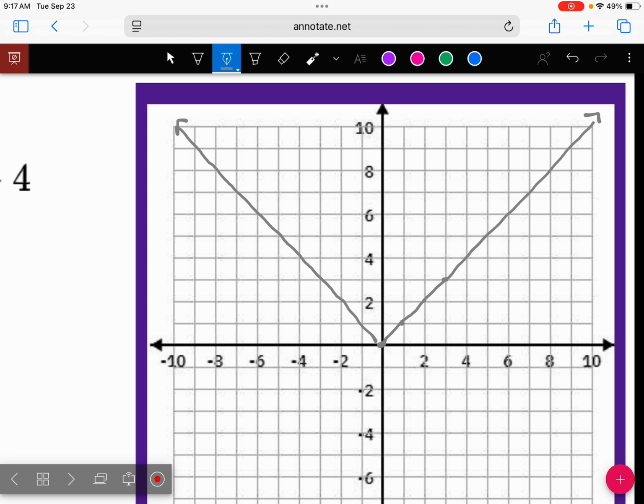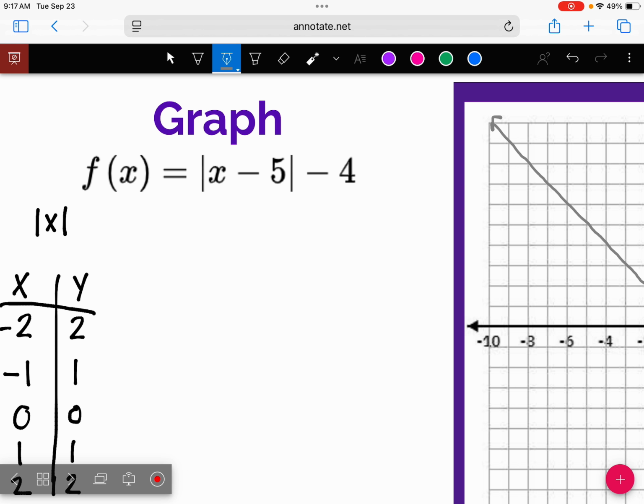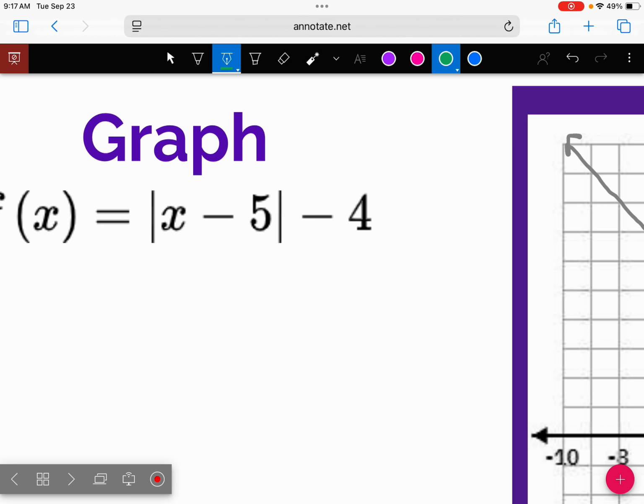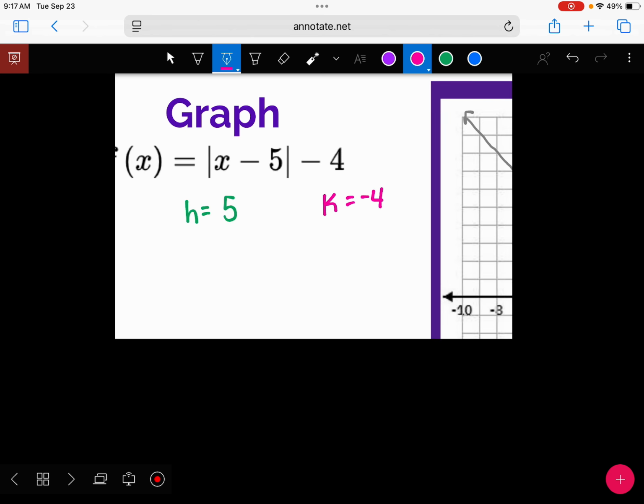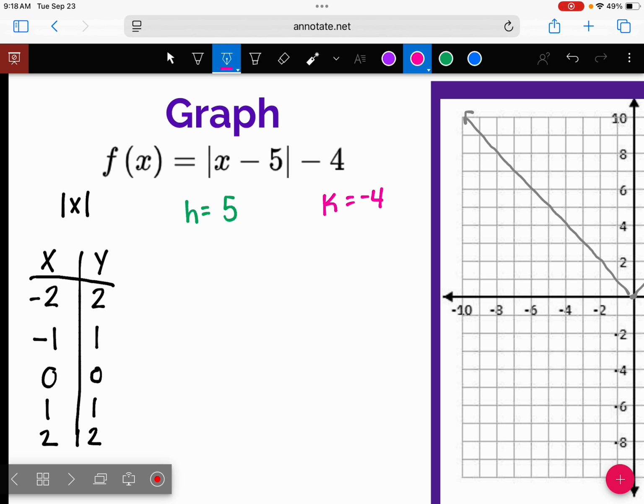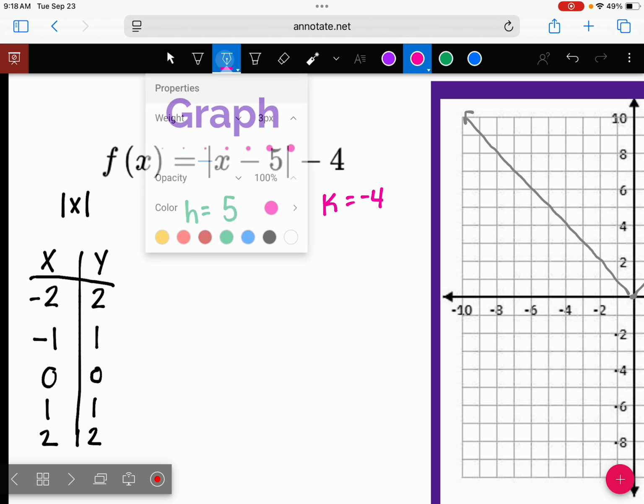With this first one we're given here, what pieces do we have? A, B, H, or K? H and K. What is our H? 5. What is our K? -4. So what do we expect to happen? Right 5, down 4.